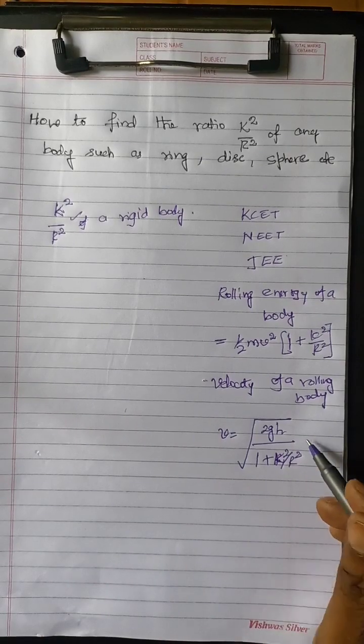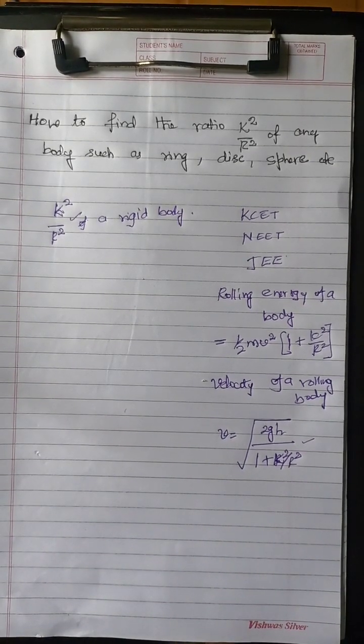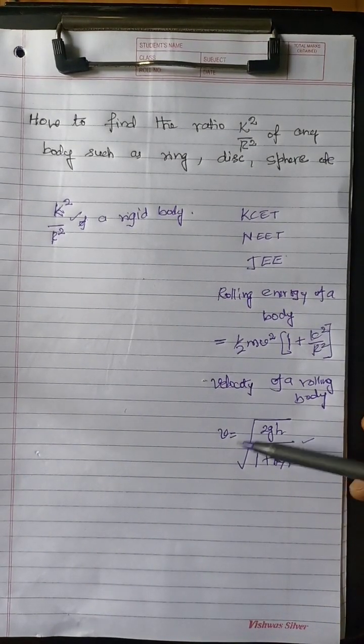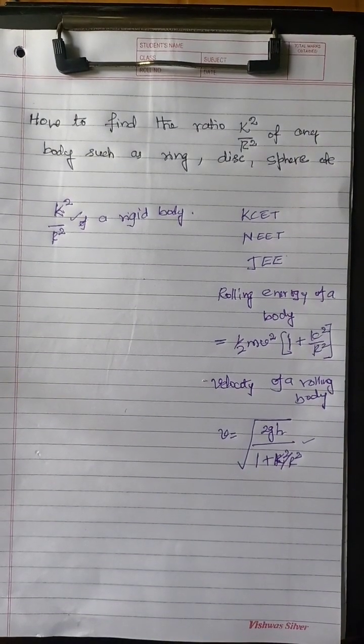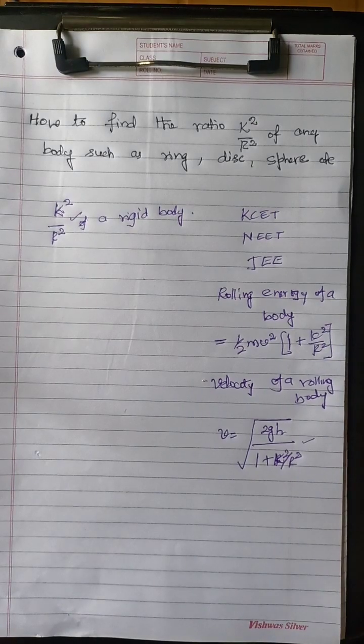So here also it is very important to find the value of k square by r square. Either to find the velocity of a rolling body or the kinetic energy of a rolling body, we should know the value of k square by r square for any given body.